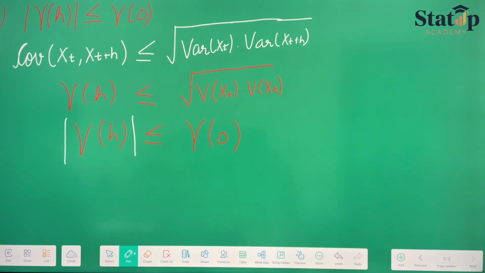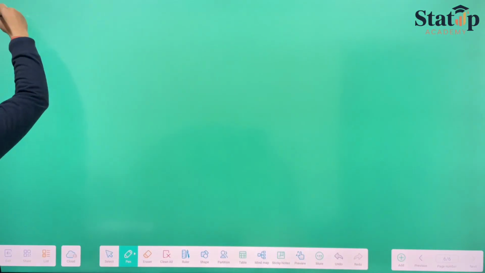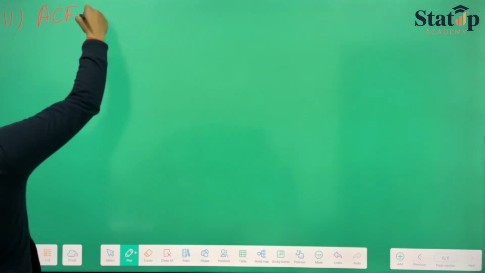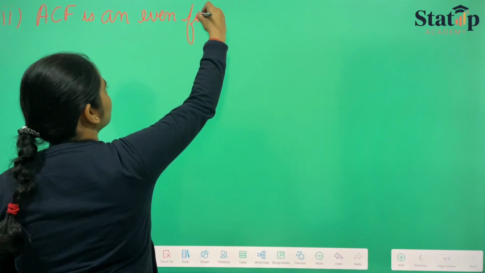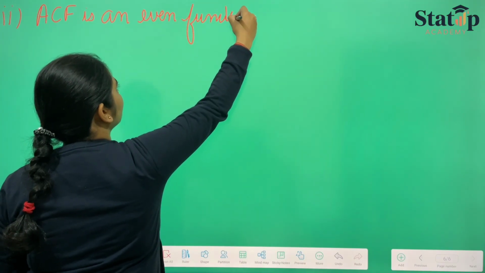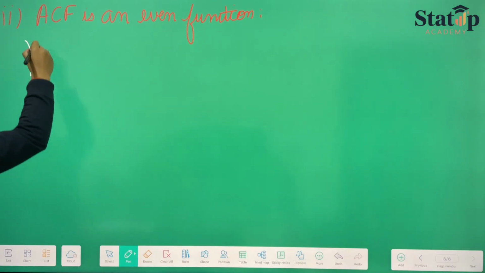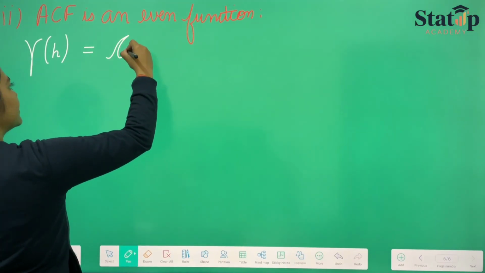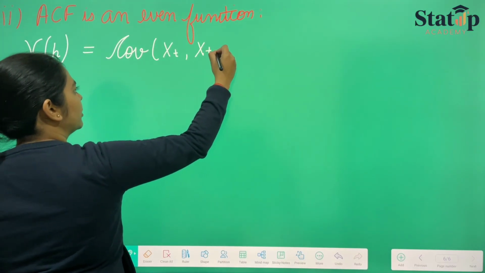Okay, now the autocovariance function is an even function, the third property. Autocovariance function is an even function. So what does this mean? If I have autocovariance of h, I can write this as covariance of xt and xt plus h.